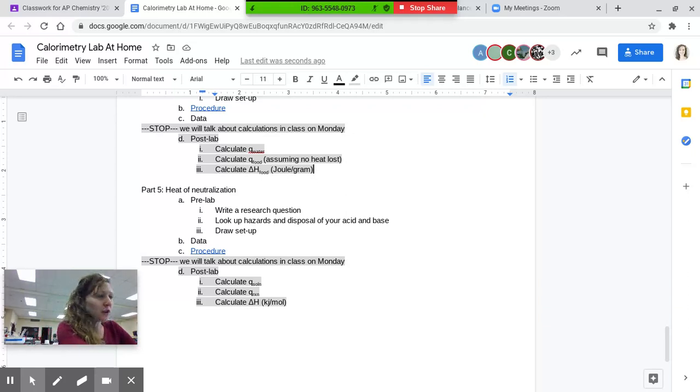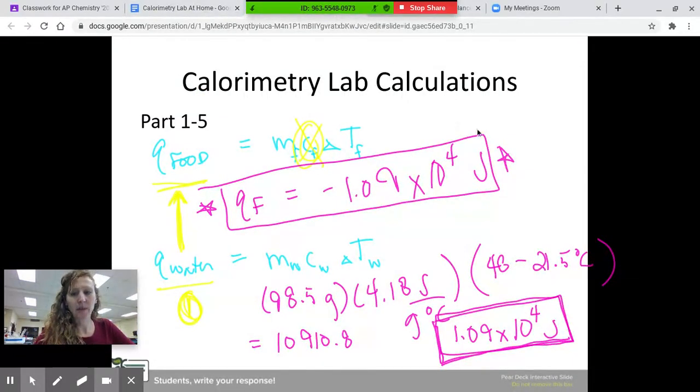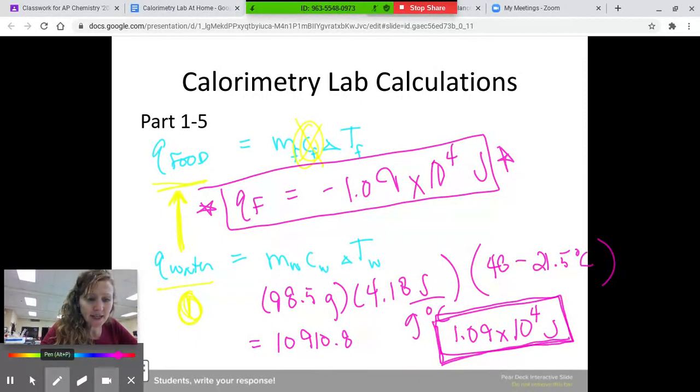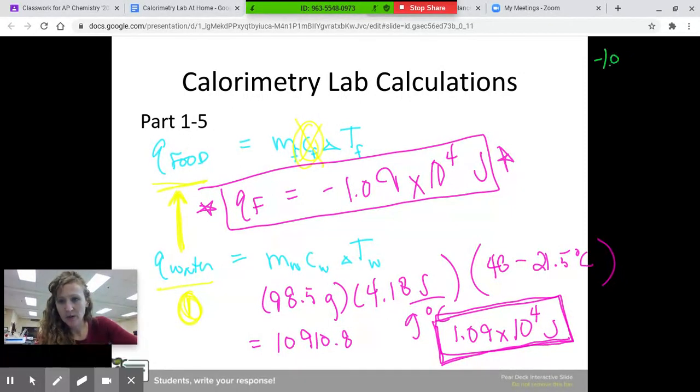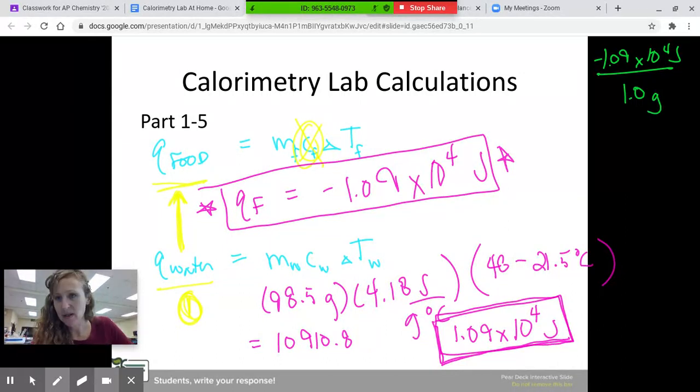Exactly. So you're going to go from our amount here in joules, and then you're going to take that and divide it by the mass of the almond. So negative 1.09 times 10 to the 4th joules divided by the mass of the almond, which was exactly 1.0 gram, which is a coincidence, and it usually doesn't work out that nicely.